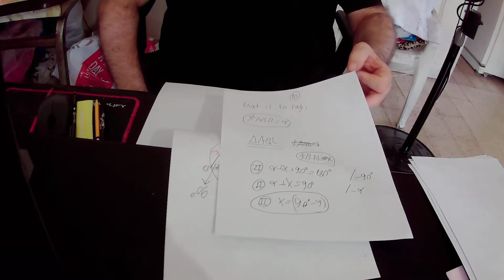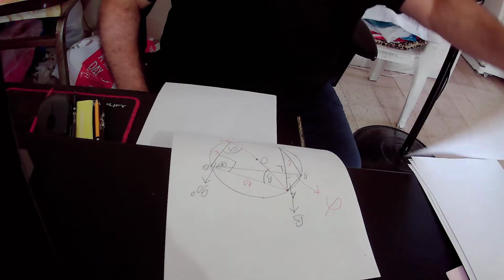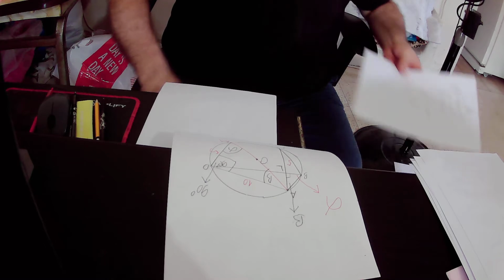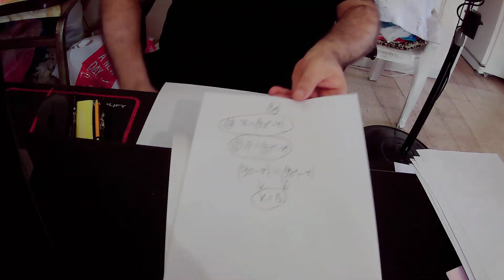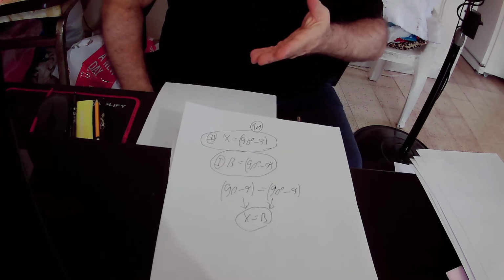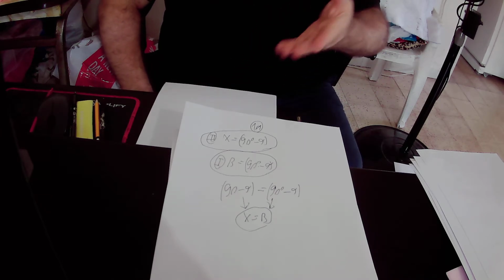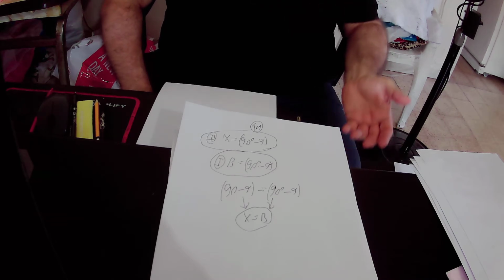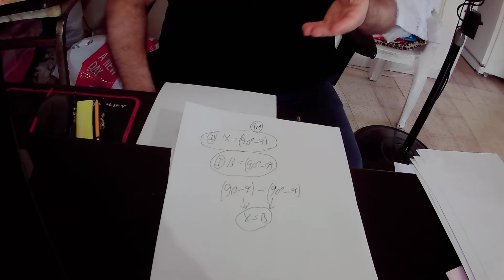Okay, so according to equation number 2, x equals 90 degrees minus alpha. But we know from equation number 1 that beta also equals 90 degrees minus alpha.